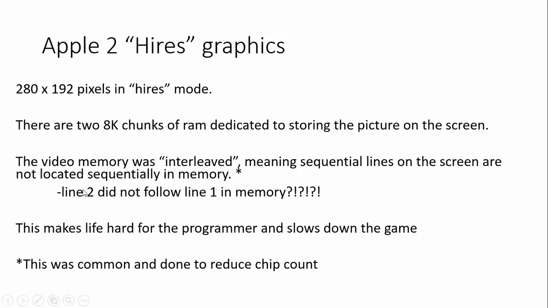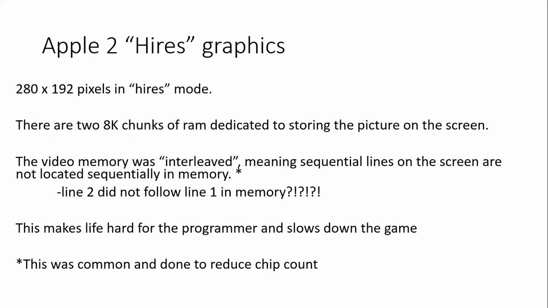This makes it very hard to draw stuff, because when we draw stuff, we want to copy a line of pixels, drop down a line, copy a line of pixels, drop down a line. Well, you can't do that easily when the RAM you're copying into has this interleaved format. You can't just copy stuff sequentially into memory and expect that it will end up sequentially, row after row, on the screen.